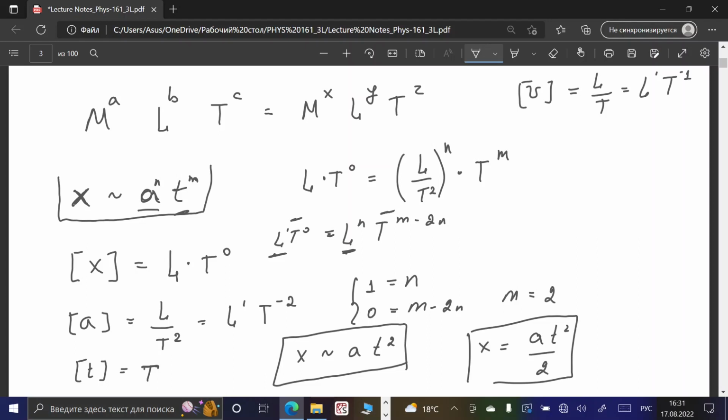However, this dimensional analysis gave us, with accuracy to 1/2, the ability, without any information about the system, to actually learn about it and define the most important parameters and behavior, how this parameter position x will depend specifically on acceleration and time.